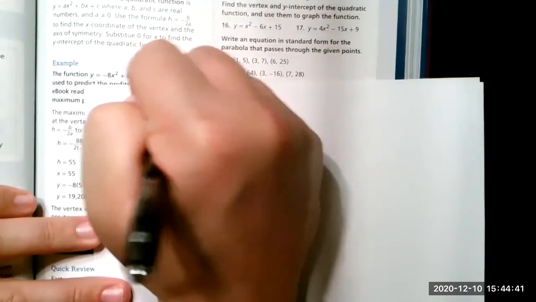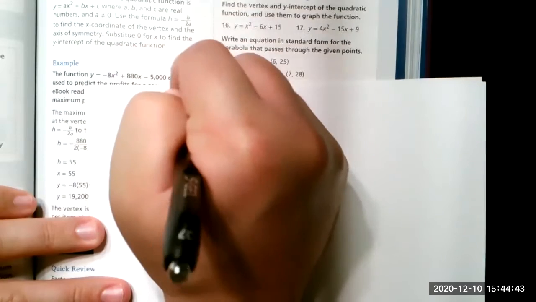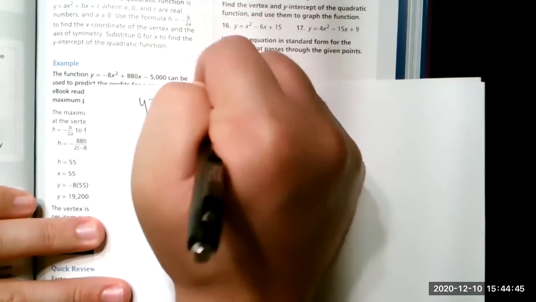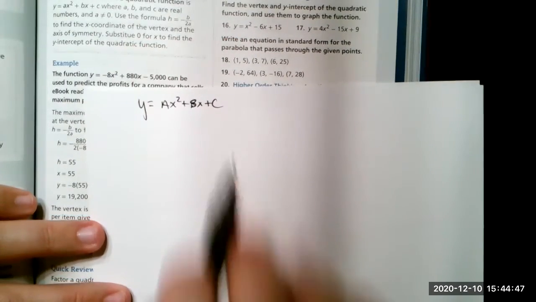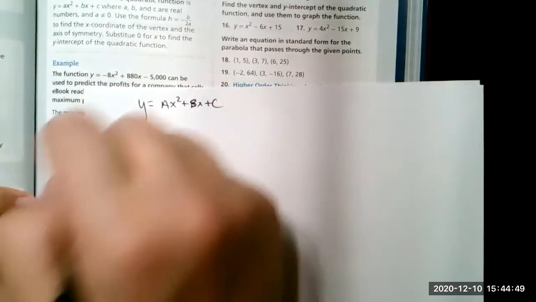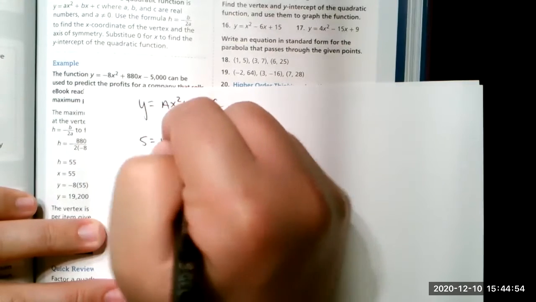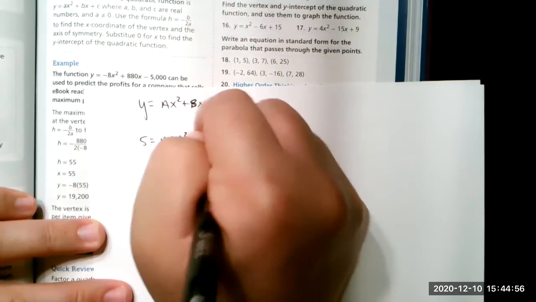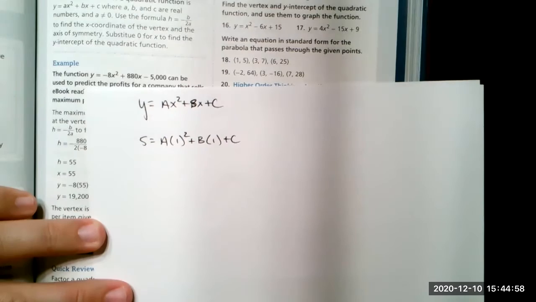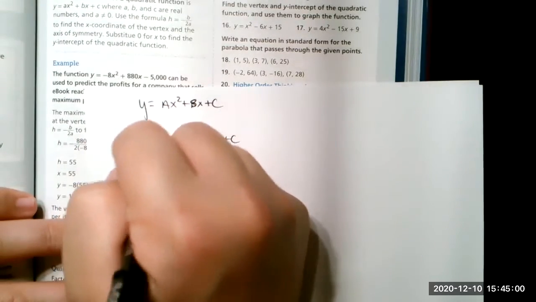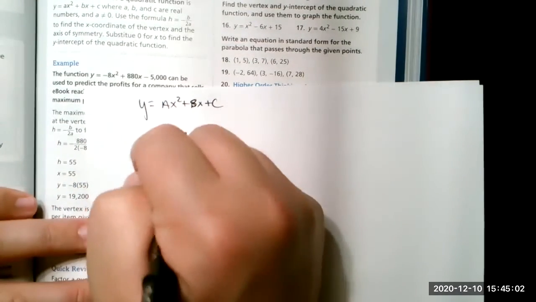Y equals ax squared plus bx plus c. So we're going to plug in x is 1, y is 5. And then we can simplify that. 1 squared is 1, so that's just going to be a.